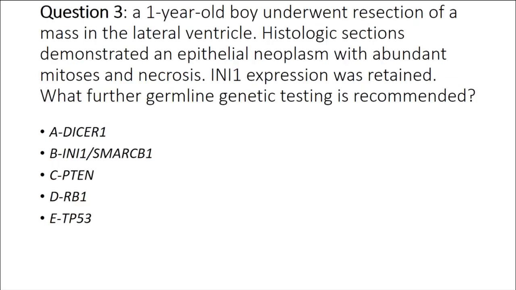Question number 3. A 1-year-old boy underwent resection of a mass in the lateral ventricle. Histologic sections demonstrated an epithelial neoplasm with abundant mitoses and necrosis. INI1 expression was retained. So what further germline genetic testing is recommended in this patient?